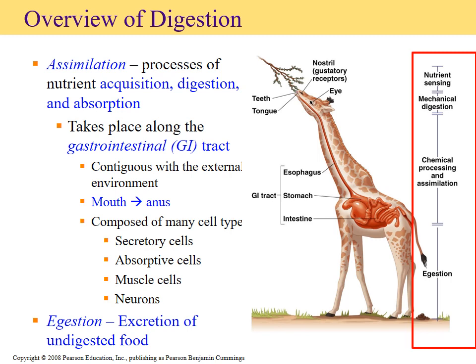Now, in order for our digestive system to be completely successful, what we need to focus on is going to be your gastrointestinal or your GI tract, which basically is one long tube that starts with the mouth and ends with the anus. And what we need to concentrate on is what type of cells, what type of enzymes, what type of neurons, what type of secretory cells, absorptive cells, muscle cells, what are all the roles that the different cells will play.